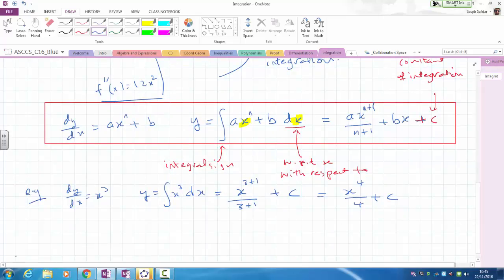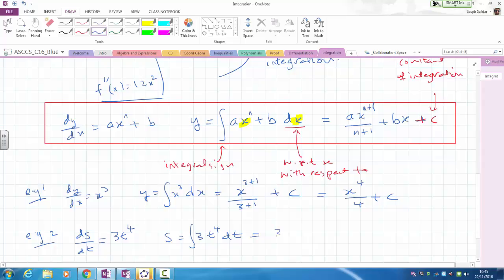Let's do another one. This time, let's use different letters: ds over dt is 3t to the power 4. We want to work out s. So we integrate 3t to the power 4 with respect to t.